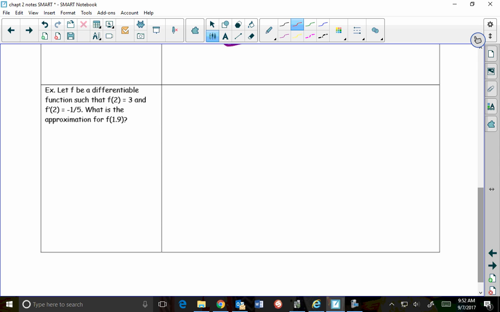Okay, let's go to this one. Again, you had fun like this, and now do you think you could do it? Let's see if you can do it in 1 minute with your group. Go. So, point of 2, 3. No, so you do the point slope. It's negative 1/5.